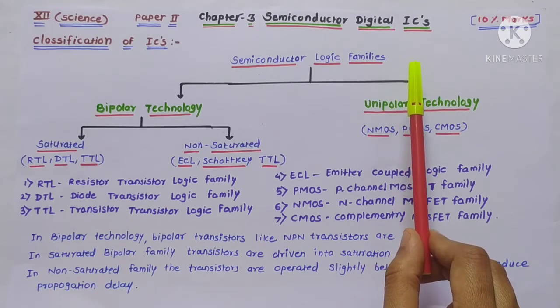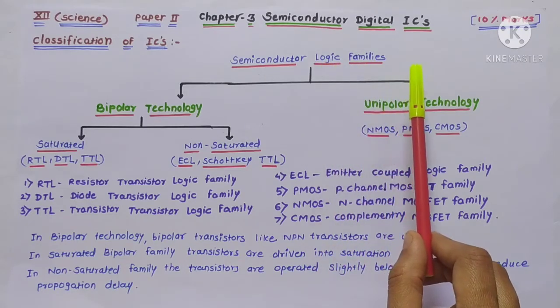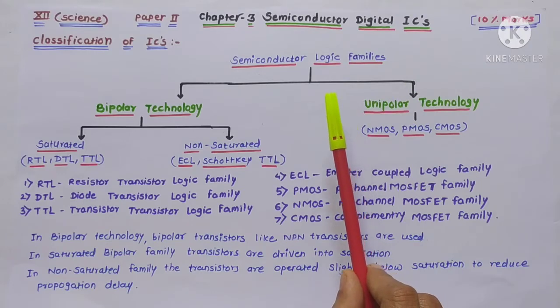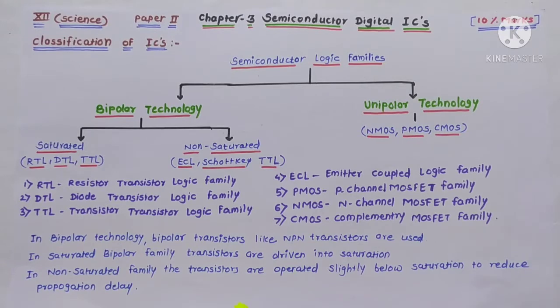Before starting this chapter, let us see why these ICs were introduced in the market. Digital systems like digital measuring instruments, computers or microprocessor chips require hundreds of logic gates in the form of switches.